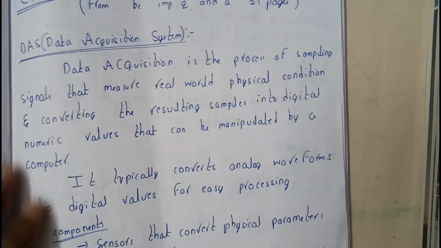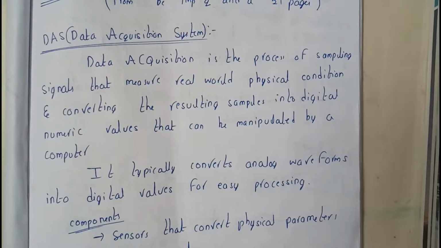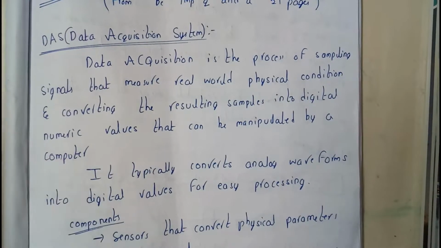Let us go through this topic first, that is nothing but the data acquisition system. I hope everyone has heard about many factories. Let us take the example of a Coca-Cola factory, with glass bottles. Those glass bottles should be heated at a particular stage.